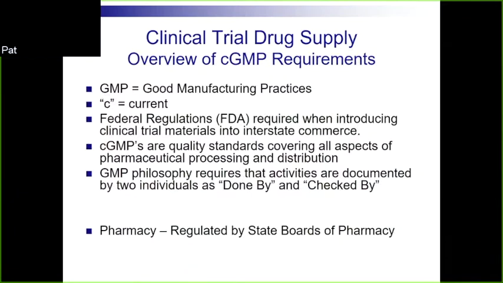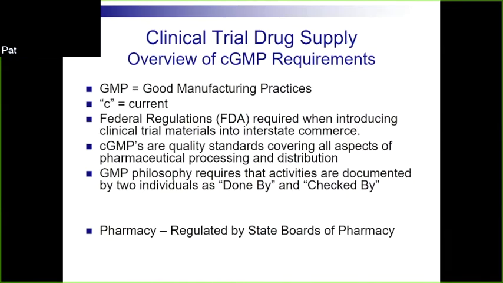A little bit about those GMPs, and I'm going to focus now on the multi-center activities that we perform as far as complying with those federal regulations, the good manufacturing practices. You'll note that there's often a lowercase c that precedes the GMP.